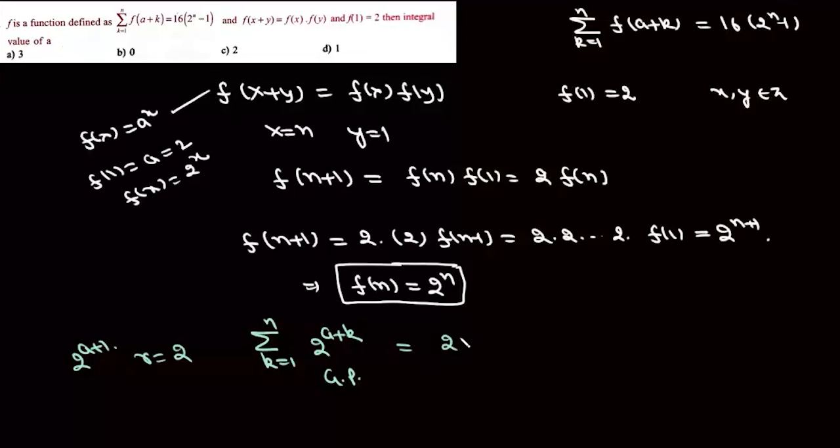So it will be 2 to the power of a+1 into (2 to the power of n minus 1) upon (2 minus 1), and this is equal to 16 into (2 to the power of n minus 1). Now I'll cancel. So this is 2 to the power 4. That means the value of a is simply 3, and that will be your option A.